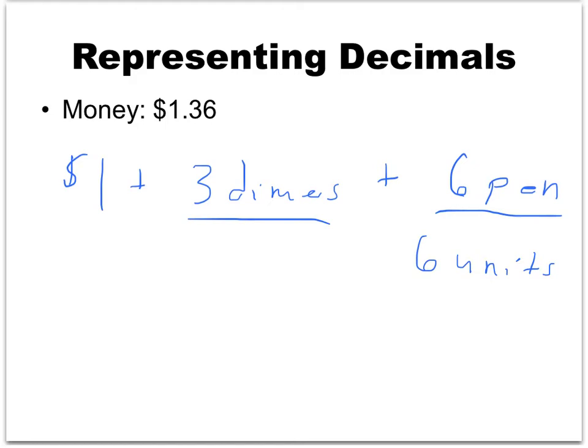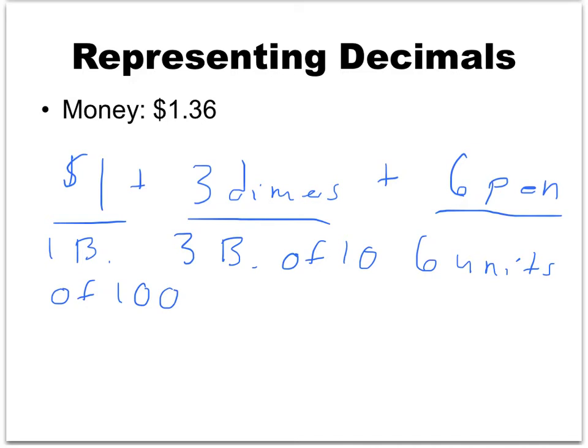So the 3 dimes here, these are 3 bundles of 10. I'll abbreviate bundles with just a capital B. So 3 dimes is 3 bundles of 10. Well then a dollar is 100 pennies, and so I could think of this as 1 bundle of 100.